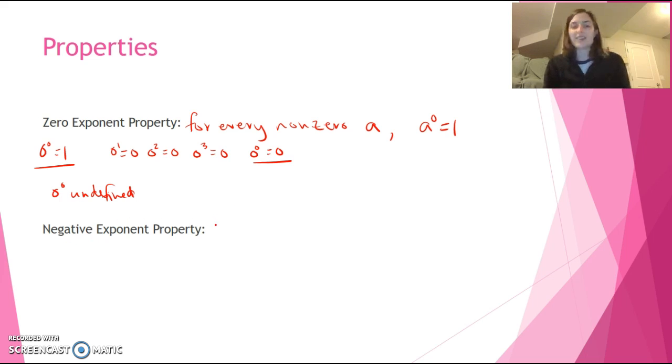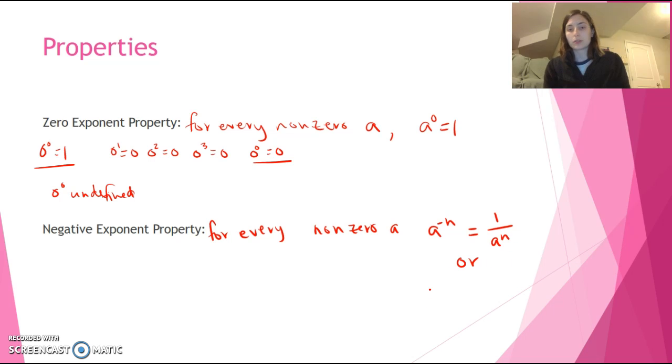Alright, negative exponent property. For every non-zero A, well, I guess integer A, A to the negative n will be equal to 1 over A to the n.